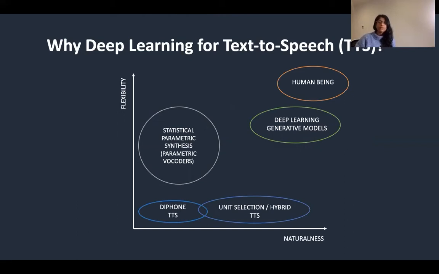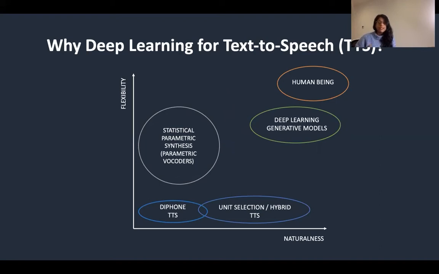The first one was statistical parametric synthesis, which was really good on the flexibility axis, but wasn't as natural, meaning that they could give different kinds of prosody to the synthesized speech, but it still sounded quite robotic. And on the other hand, we had unit selection, hybrid unit selection systems, which had much higher naturalness, so they sounded much more like humans, but they lacked on flexibility.